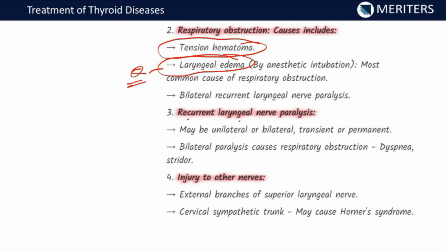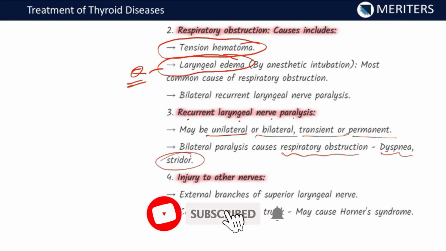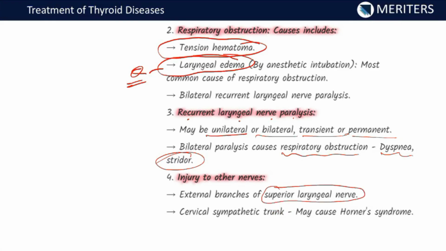Now next is recurrent laryngeal nerve paralysis. Now this could be unilateral or bilateral, transient or permanent, and based on that it can cause respiratory obstruction, dyspnea or stridor. Now injury could happen to the nearby vessels and nerves as well. So the external branch of superior laryngeal nerve is also at high risk, and the cervical sympathetic trunk. If this is damaged, it can lead to Horner syndrome.